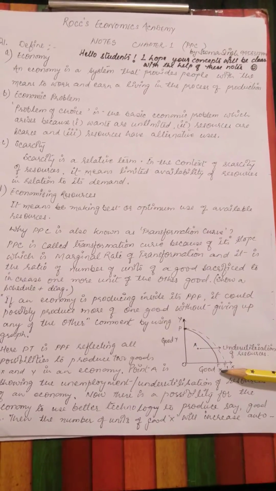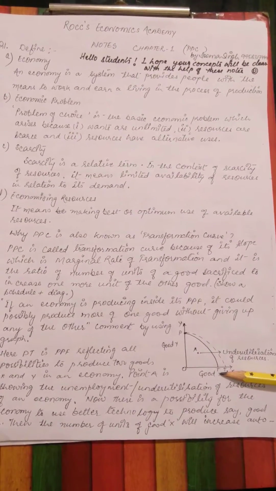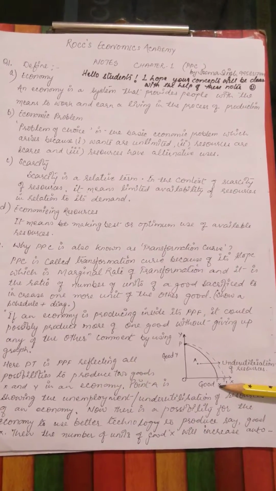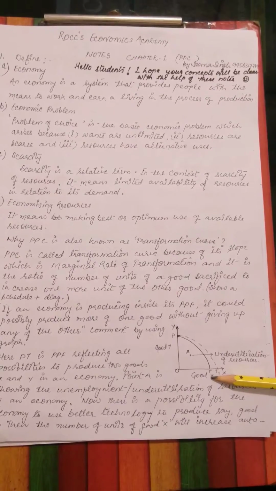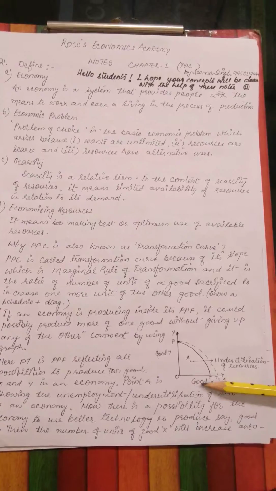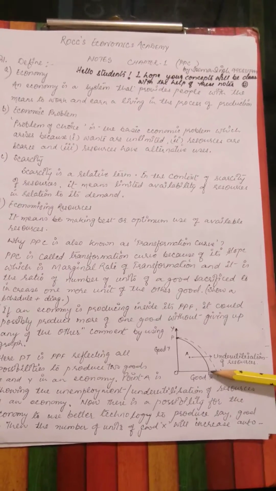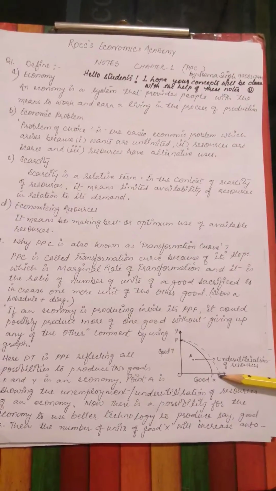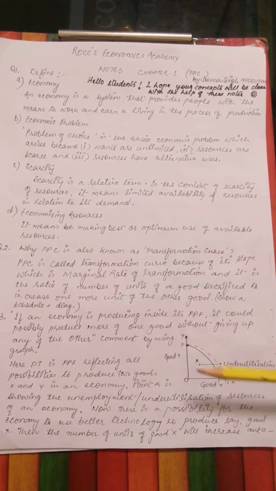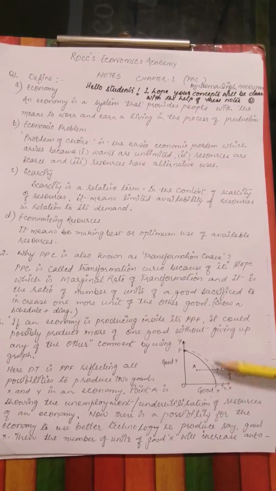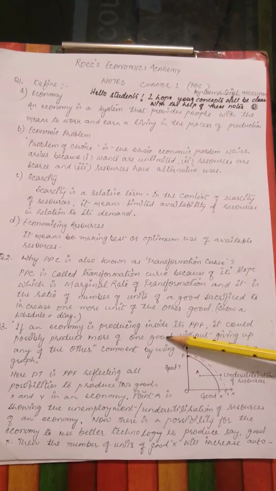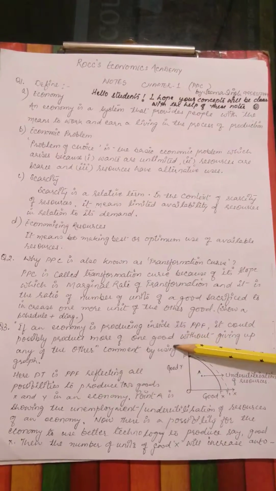So if we are improvising the technology that we are producing with, the units of good X are produced in greater quantity by use of better technology, then the point which was initially OT point will be shifted from OT to OT1, since more units are produced here and with no sacrifice on the other axis of good Y. This has to be explained with the help of this example or diagram, and you have to comment on this statement. That is how we answer.